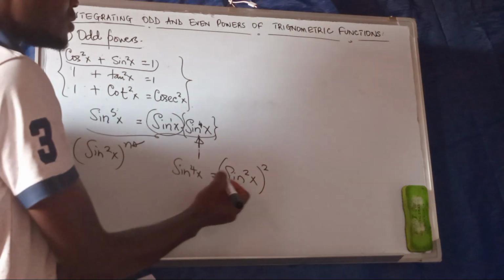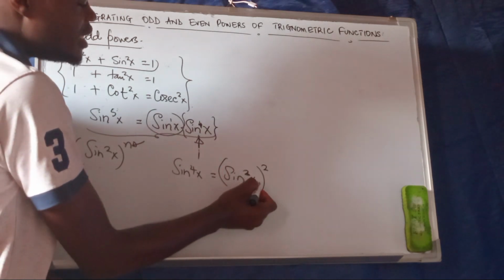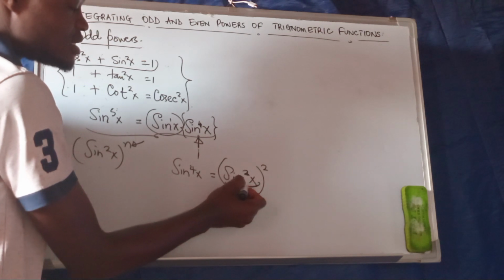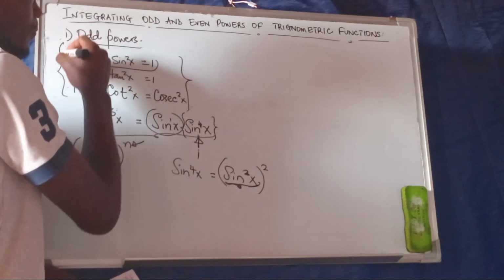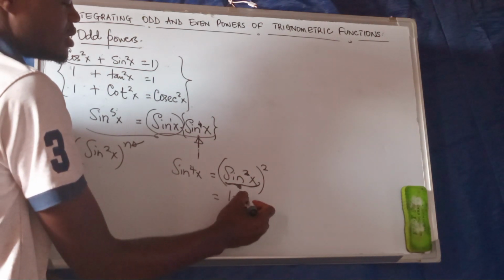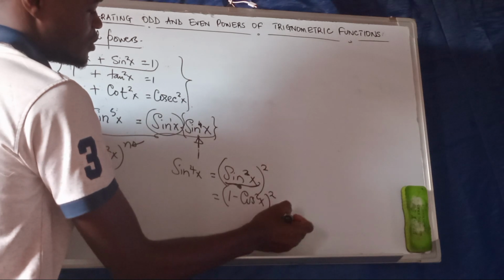So you see that we shall have something like this, where we shall replace this with this equation. We know that this is 1 minus cos squared x squared.